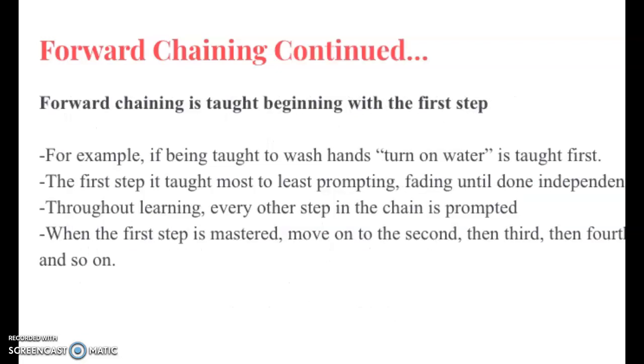Basically, forward chaining is taught beginning with the first step. For example, if being taught to wash hands, turning on water is the first step taught. The first step is taught with least-to-most prompting, fading until done independently. Throughout learning, every other step in the chain is prompted. When the first step is mastered, move on to the second, then the third, then the fourth, and so on.